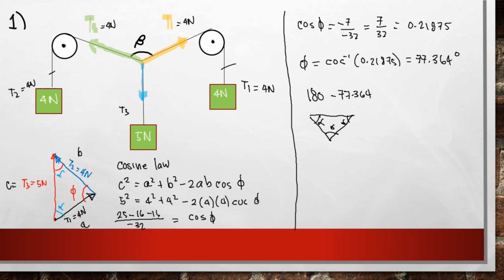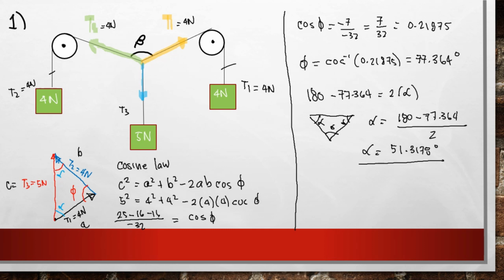So 180 minus 77.364 is equal to twice the alpha. So ganyan po ang lalabas. Therefore, alpha is equal to 180 minus 77.364 all over 2. So alpha will be equal to how much? That will be 51.317. This will be our alpha.